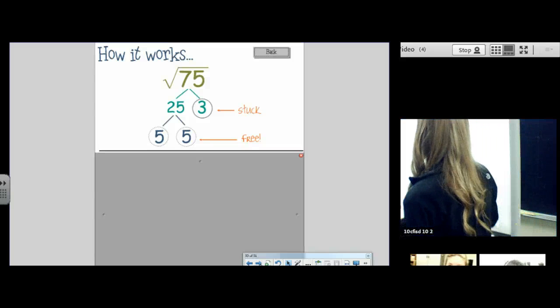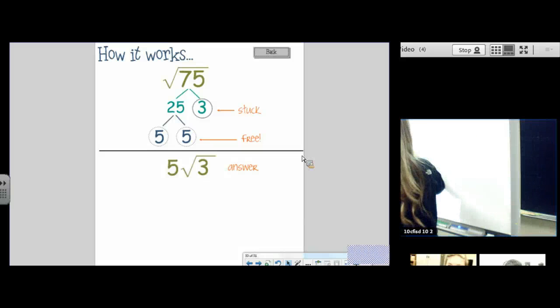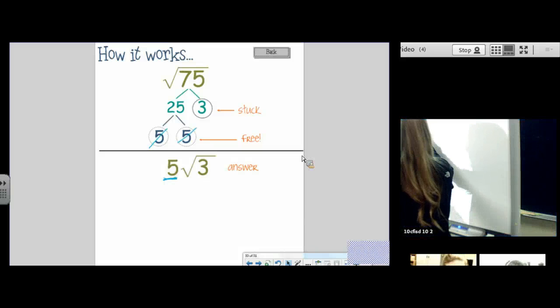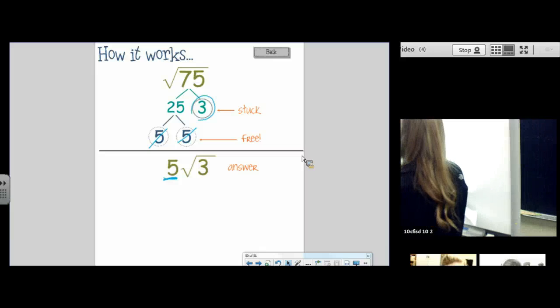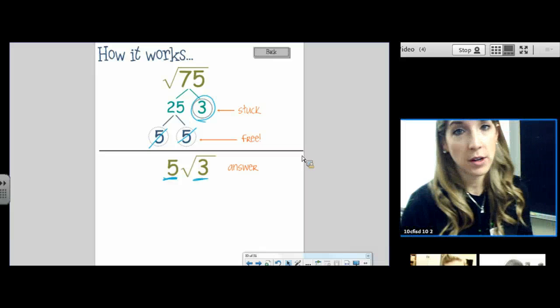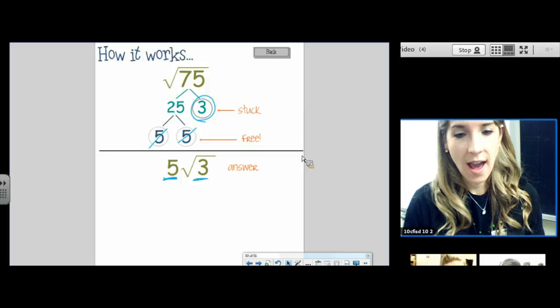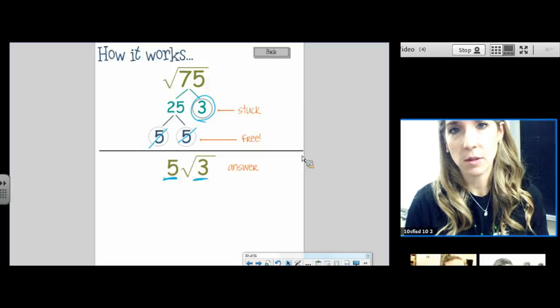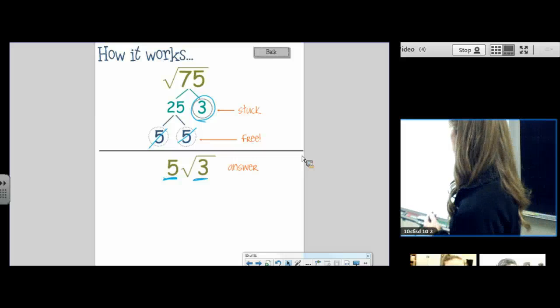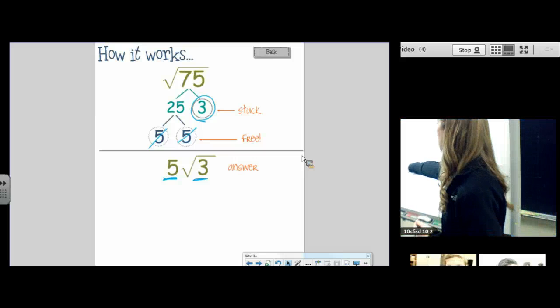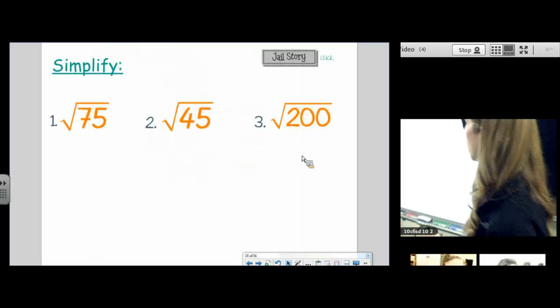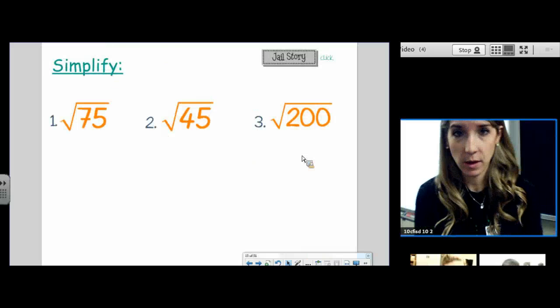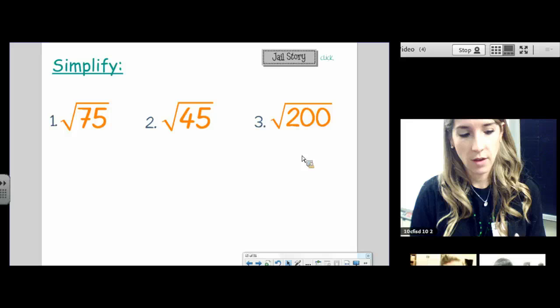So, the 5 escapes jail, and the 3 is stuck in jail forever. So the square root of 75 is 5 root 3. That is the simplified version of the square root of 75. They both equal the same thing, but this one is more simple. Okay? So we already did that, the square root of 75.